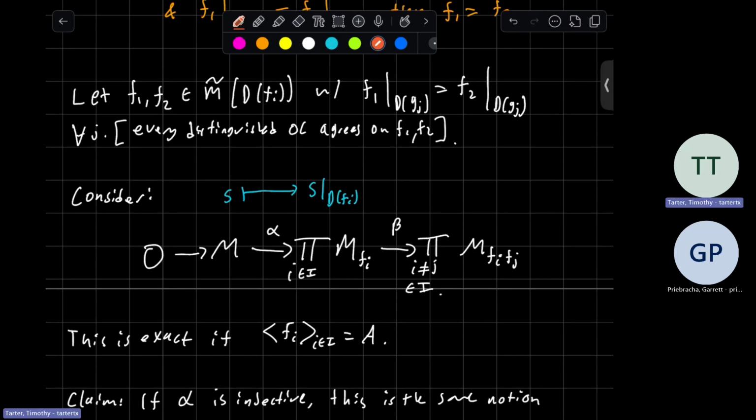But then beta sends S_i to S_i restricted to D(f_i f_j) minus S_j restricted to D(f_i f_j).